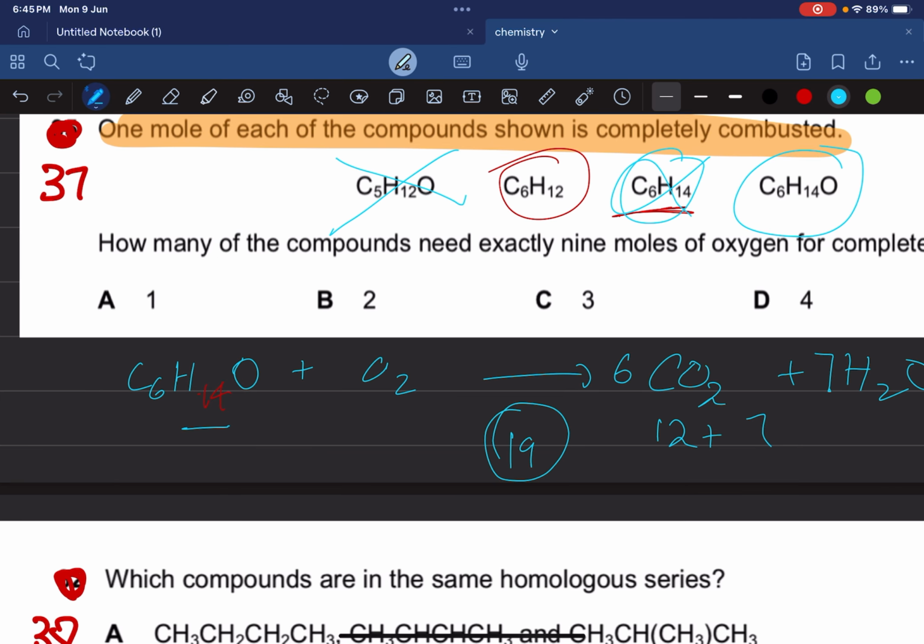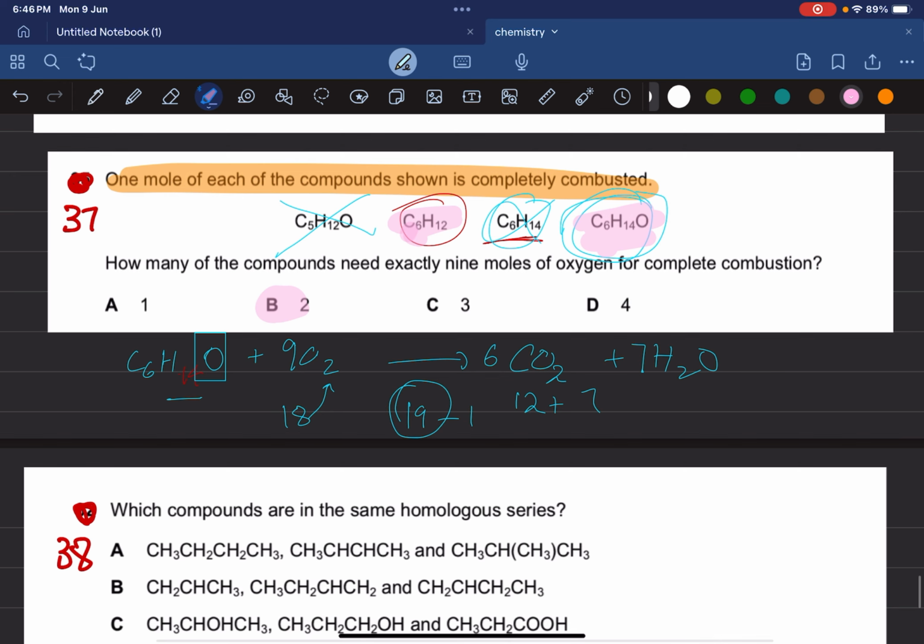I need 19 oxygen. 1 oxygen I already have over here, so 19 minus 1 gives me 18. So I need 9 over here, so definitely this one as well. So it's this option and this option. They are going to require 9 moles. So 2 compounds, it's going to be B. I hope you get it.